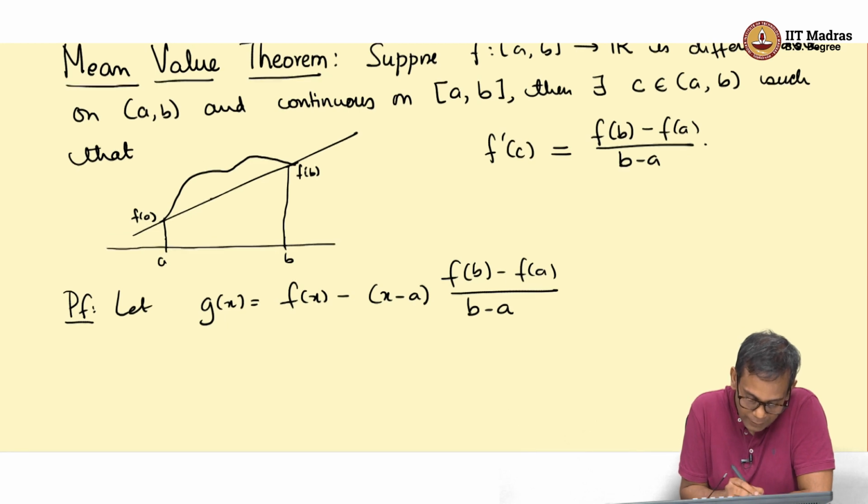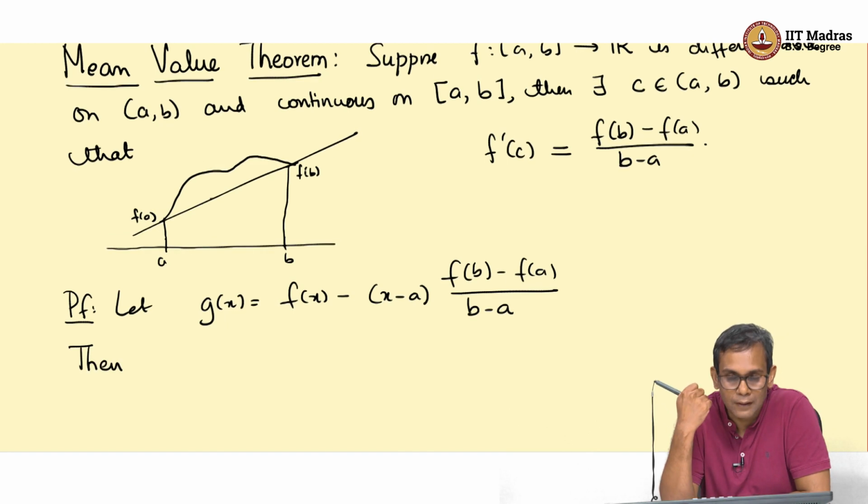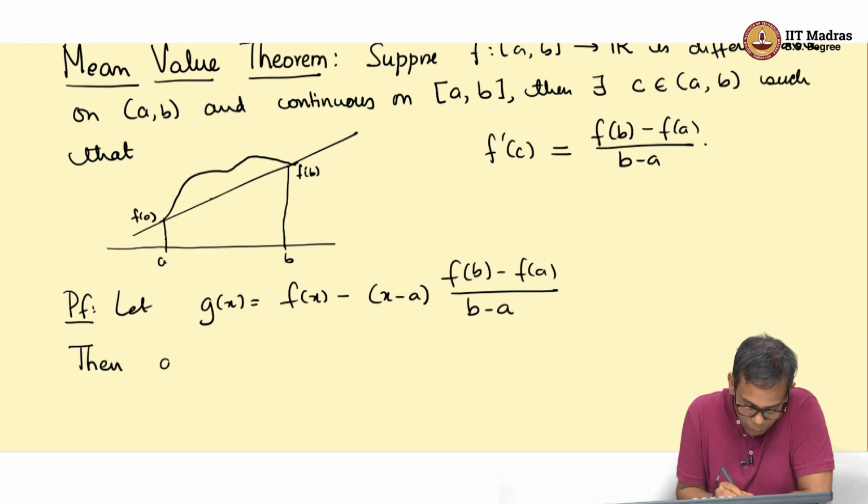and indeed if you check, then g is of course going to be continuous on the closed interval [a, b], is going to be differentiable on the open interval (a, b), but most importantly g of a, well, that is f of a minus (a minus a) times something.